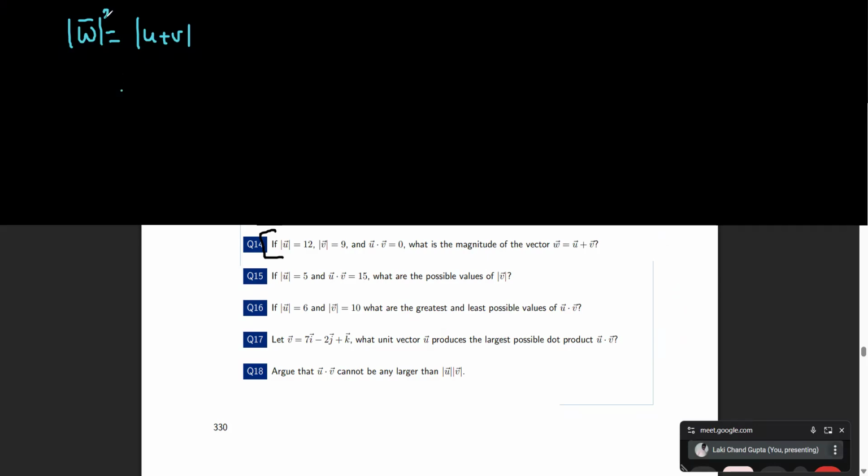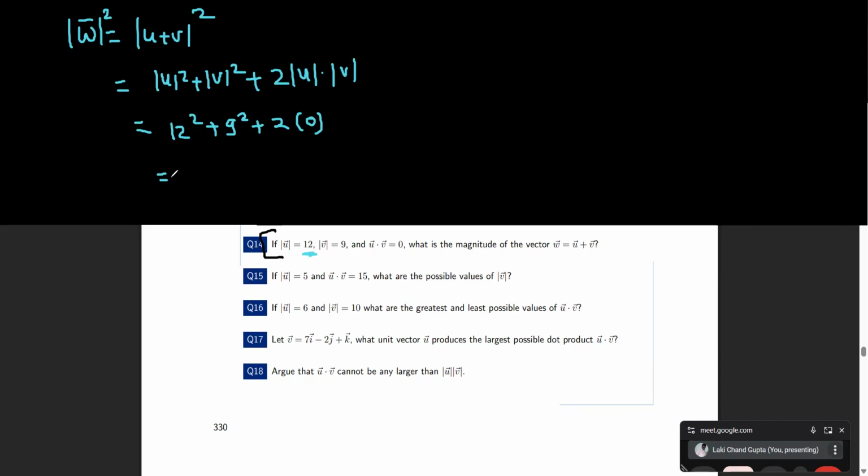Take a square on both sides. This is basically a plus b whole square, which is a square plus b square plus 2ab. Mod u is 12, so 12 square plus 9 square plus 2 into 0.